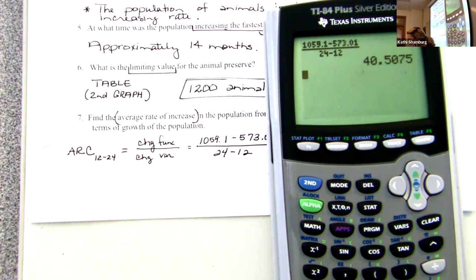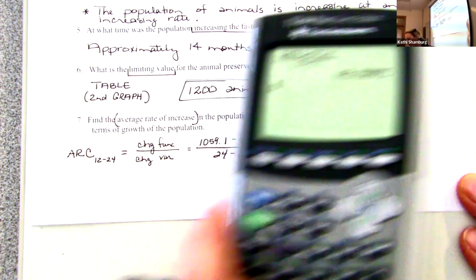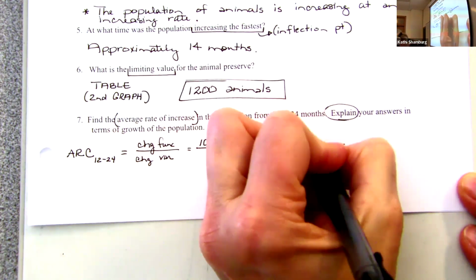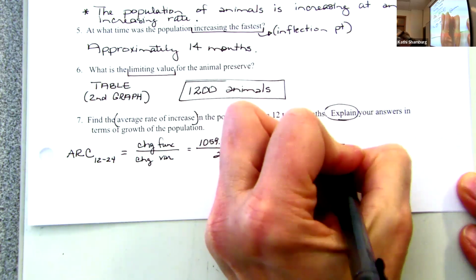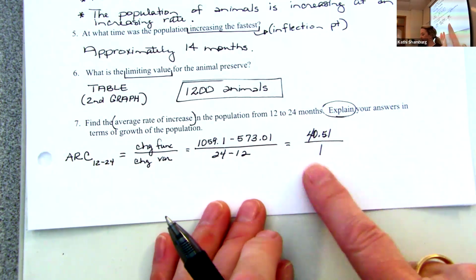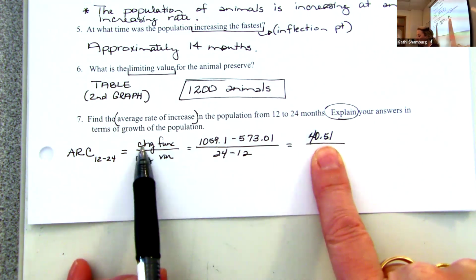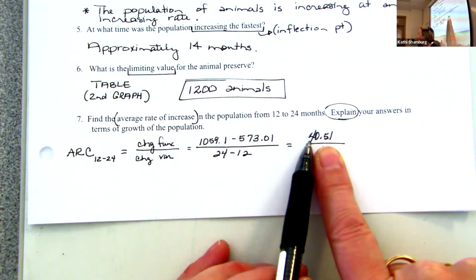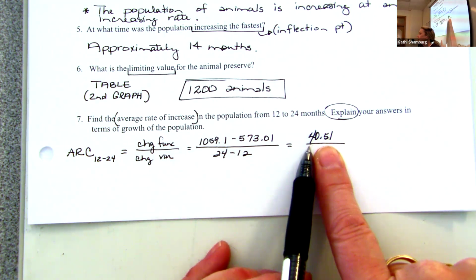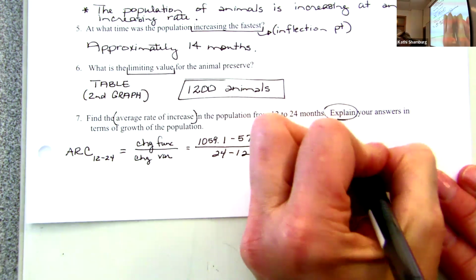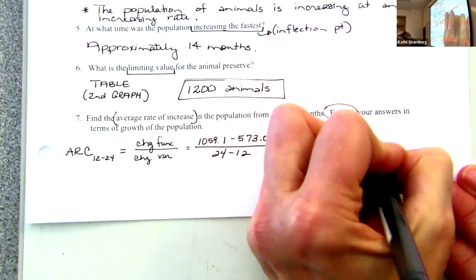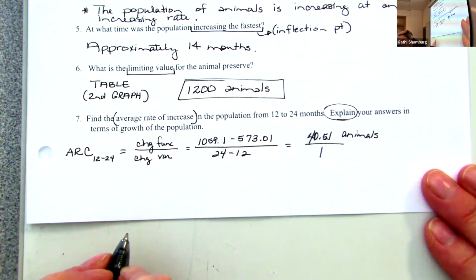So I'm going to go 2 decimal places, so 40.51. All right, so to help me with the explain, I'm going to label this. So my numerator or on top is the change in the function. So 40.51 represents what? Animals. Per one what? Month.